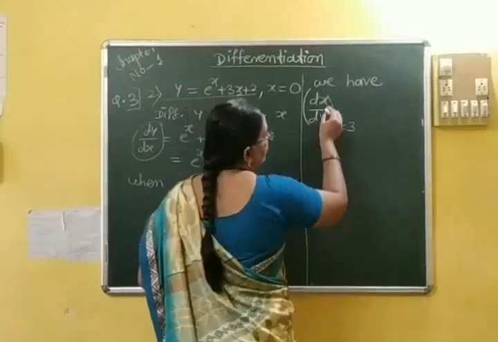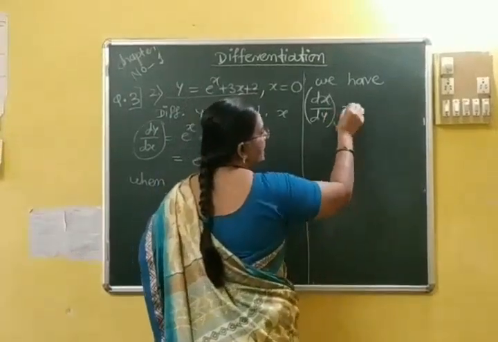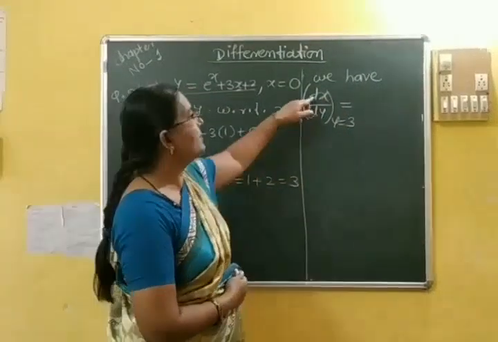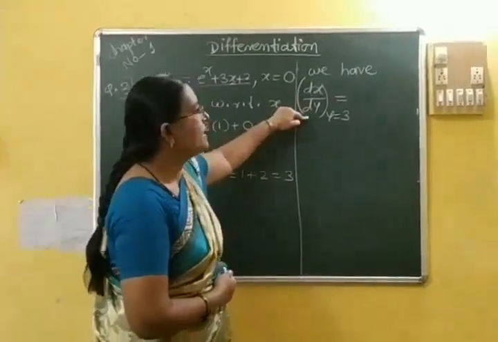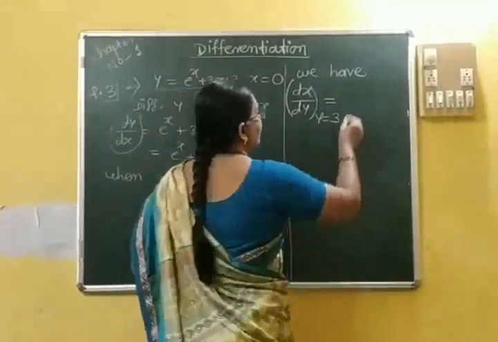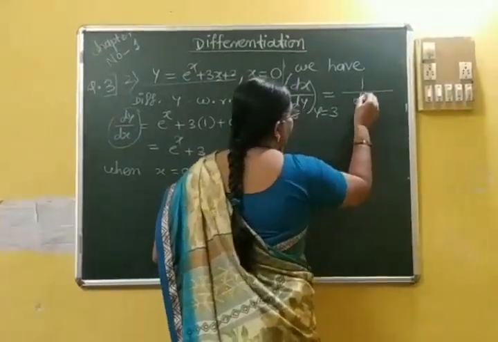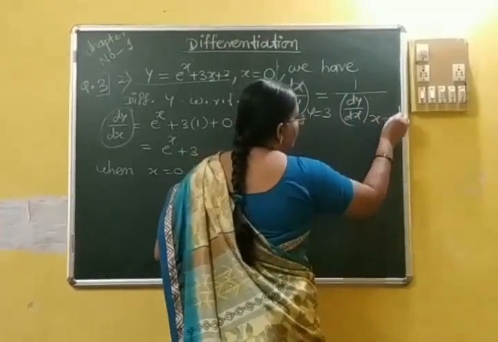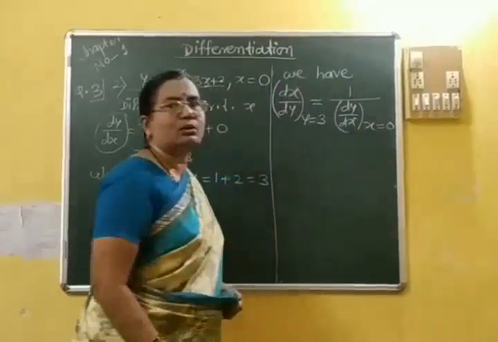Whenever we take the inverse of the given function, the derivative of the inverse function becomes dx upon dy at the point y is equal to 3. That is equal to 1 upon dy by dx, at x is equal to 0, as given to us.